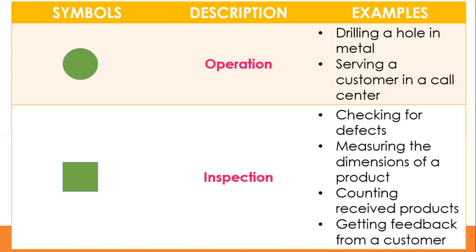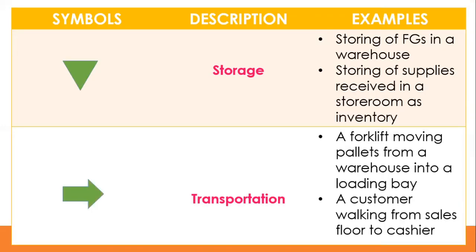Another is if the operator is counting received products, because if you are counting, you make sure that the count is correct, right? So you are inspecting. And also if the operator is getting feedback from a customer.